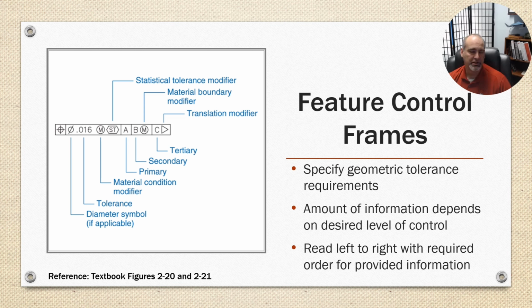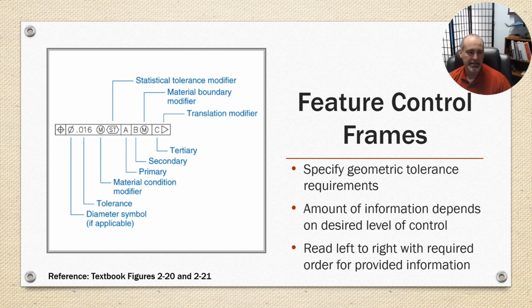So if we look at this symbol, the very first box is the geometric control called position, and that position needs to be held to a diameter, and the tolerance on that position is 16 thousandths, and they have a material condition modifier, so it's maximum material condition.